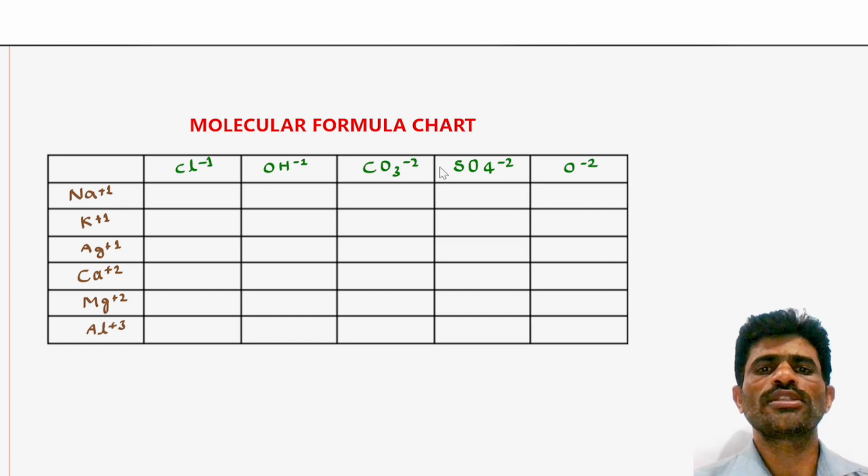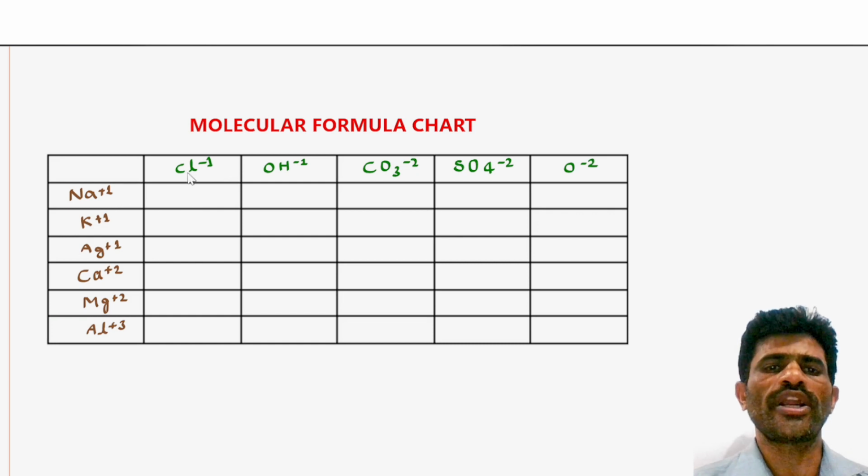Using these cations and anions, we have to write molecular formulas. The first one is sodium and chlorine, forming sodium chloride. You can observe they both have the same valency, 1 and 1, so no need to multiply valencies. Then the molecular formula of sodium chloride will be simply NaCl. This is the molecular formula.